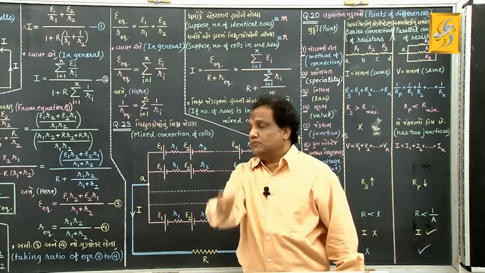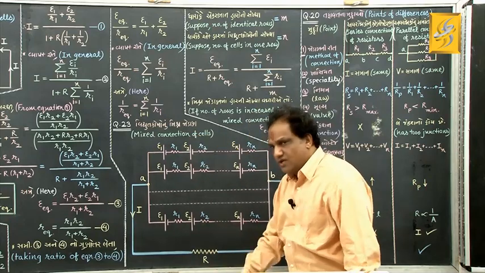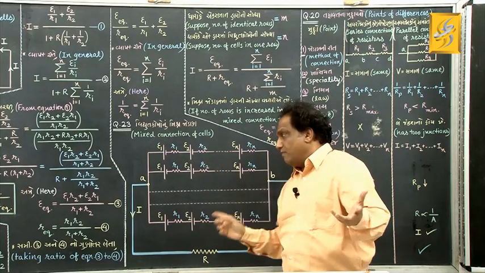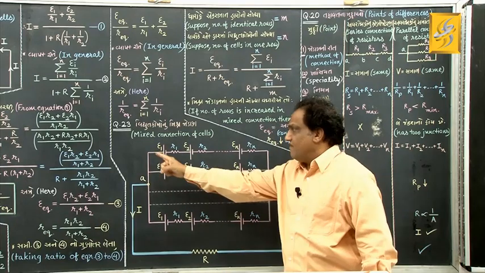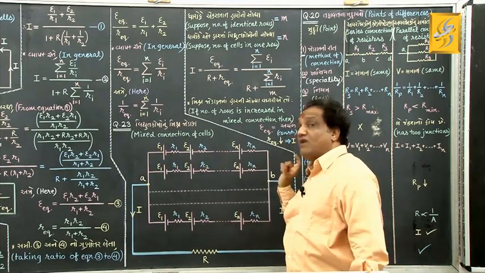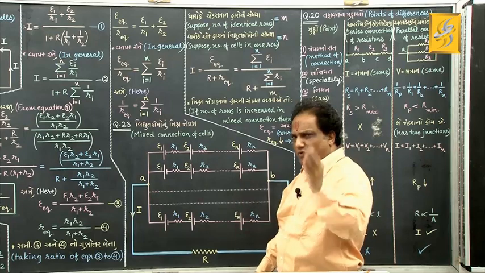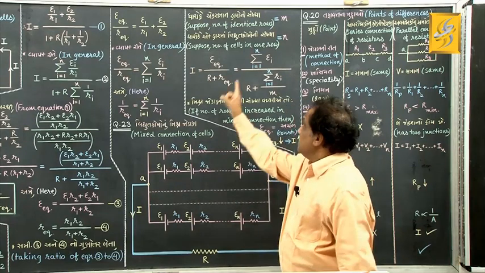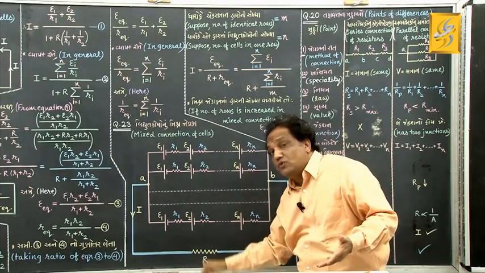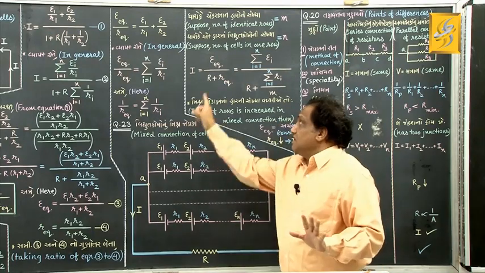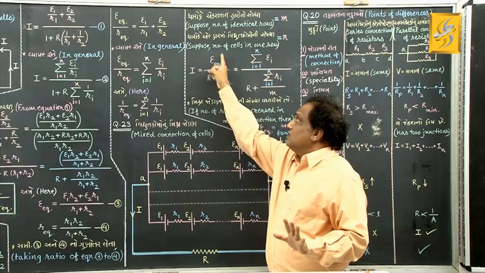Just now I told you, in case of mixed connection, what is the effective EMF obtained out of the entire mixed connection? Just equal to the effective EMF obtained from only one row, and effective EMF from one row is sigma Ei, and it is the same for all the rows, correct? So this does not change, this remains constant.